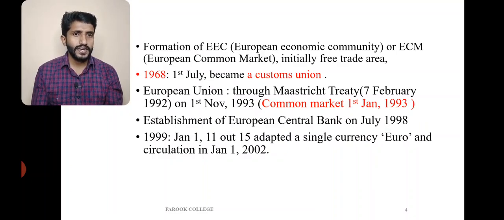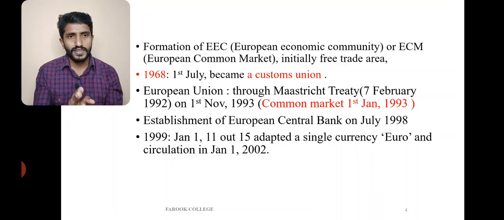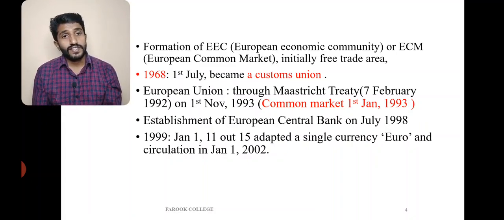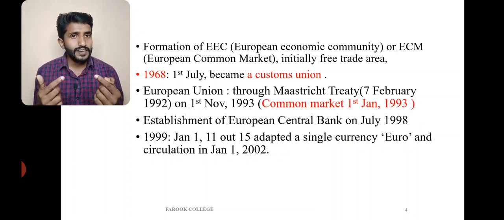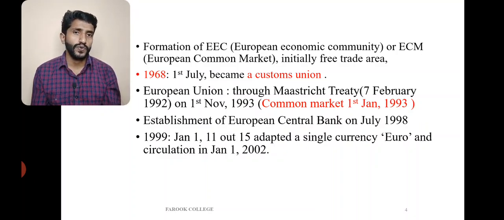So finally it came to the name of the European Union. It happened on 1993 November 1st, and its treaty is known as the Maastricht Treaty. It was signed on 7th February of 1992. Through that treaty, this organization or association came to be known as the European Union, which is a common market.